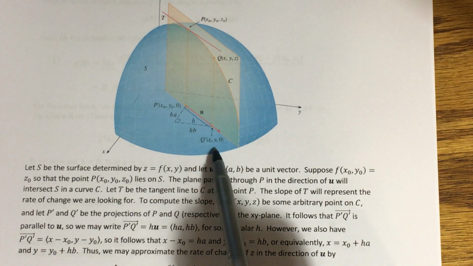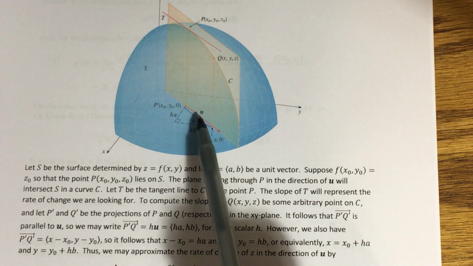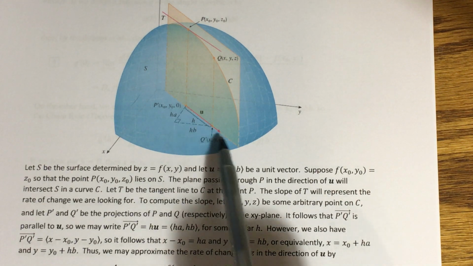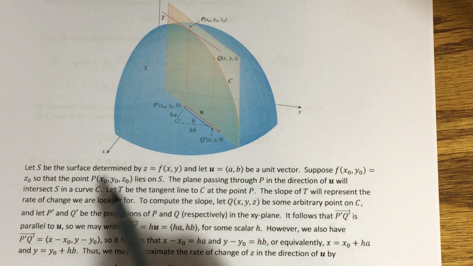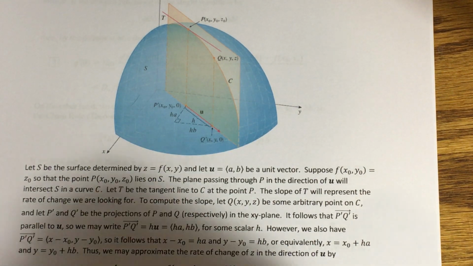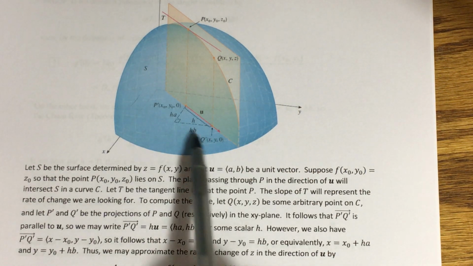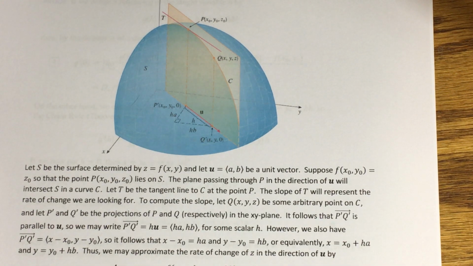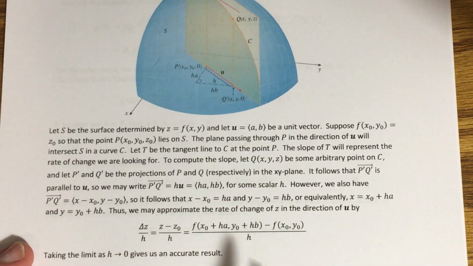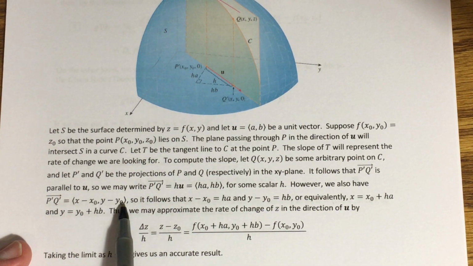If we ditch the 0 and think of them as vectors with 2 components, we know how to find the component form of a vector given its initial point and terminal point. We subtract the components of the initial point from the components of the terminal point. So the vector P prime, Q prime in component form is going to look like x minus x naught, y minus y naught.